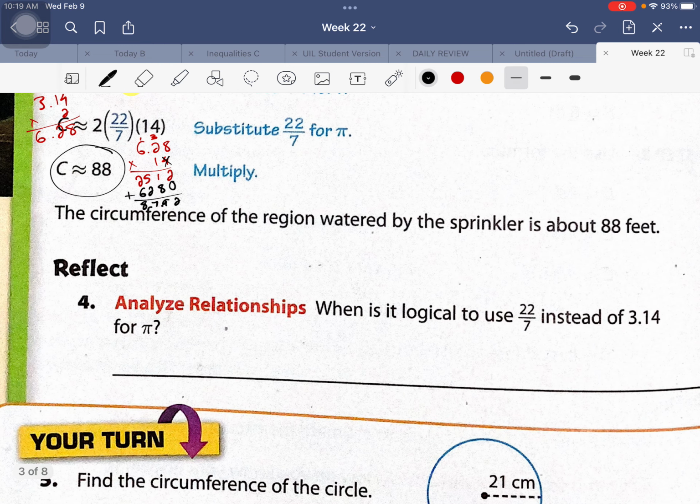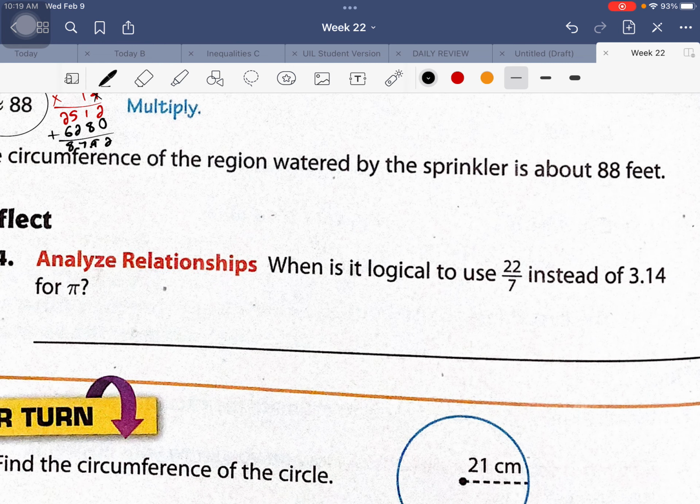Now, when is it logical to use 22 over 7 instead of 3.14 for pi? Well, I'm going to tell you this. Don't worry.